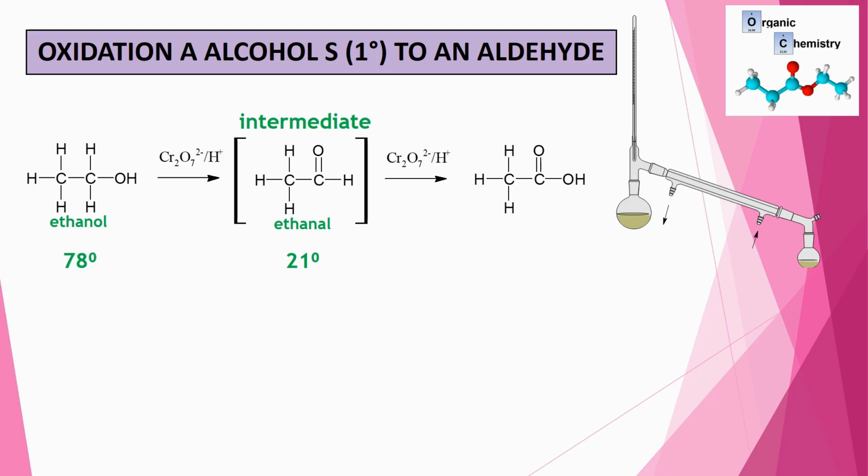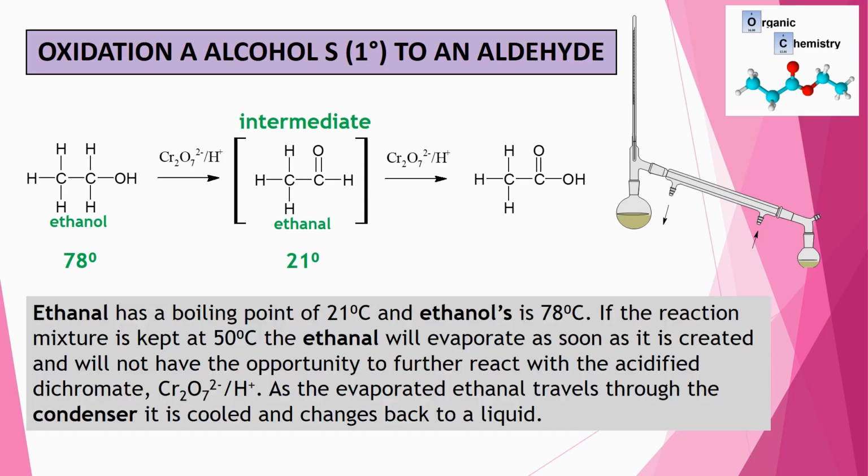Of course, there may be a small amount that does react on the way and becomes ethanoic acid, but we're trying to get as much of that ethanal as possible from this reaction. This type of distillation works because we are heating the mixture at a temperature between the boiling point of the ethanol that is the reactant and the ethanal that is the product we want.